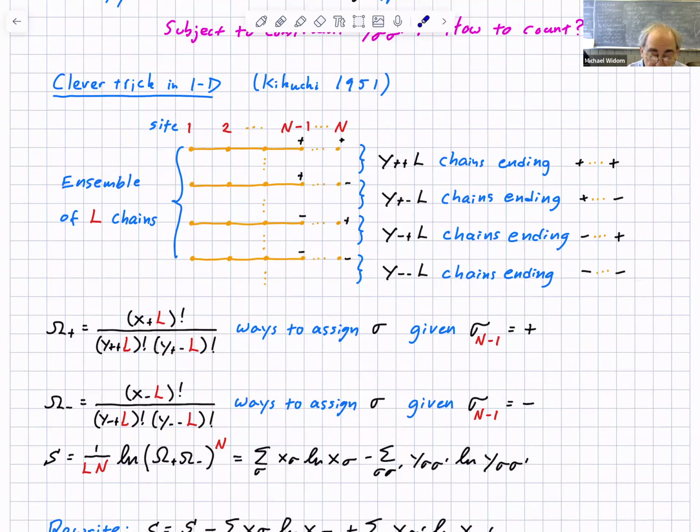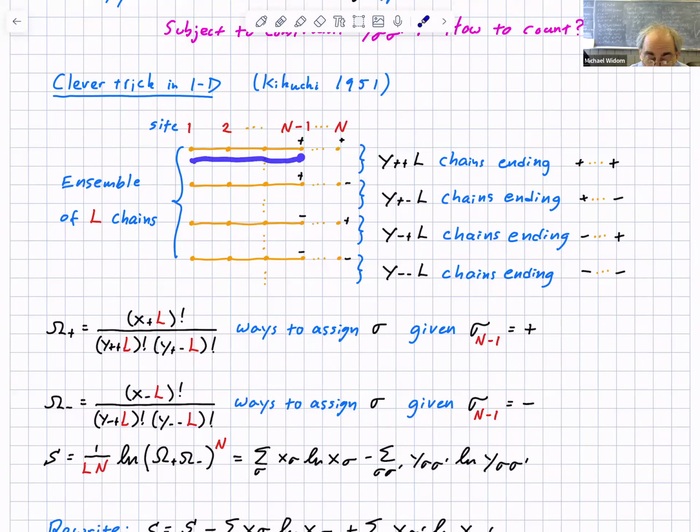His method is to consider an ensemble of many spins. And in that ensemble of many spins, let's assume there are n-1 spins in this one-dimensional chain, an ensemble of many chains of spins.